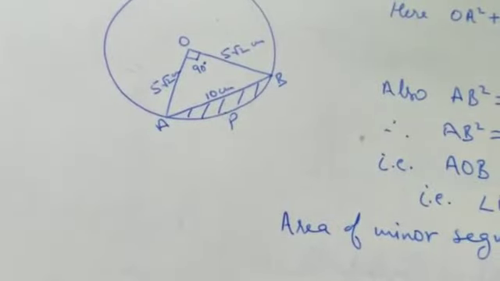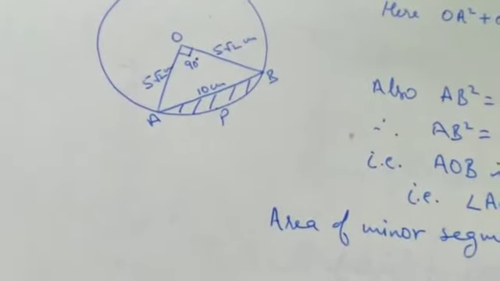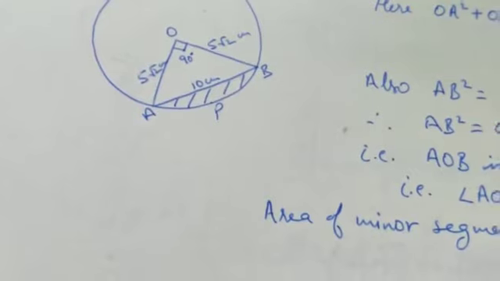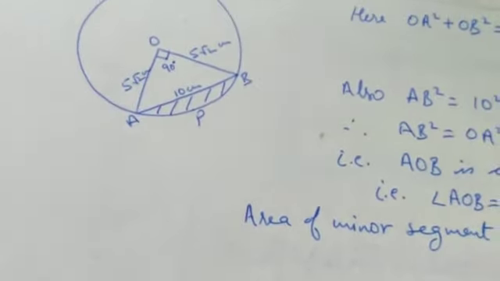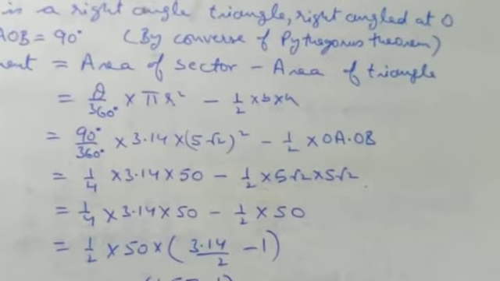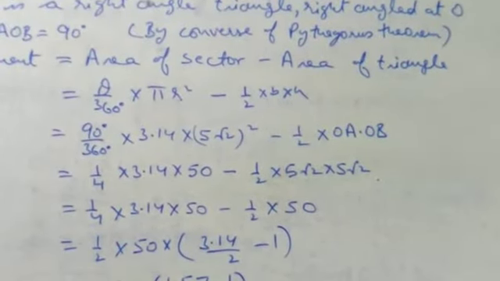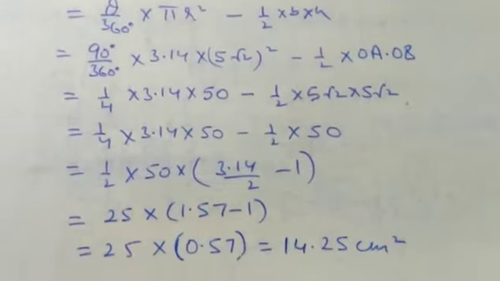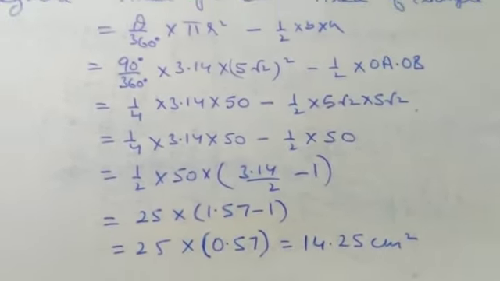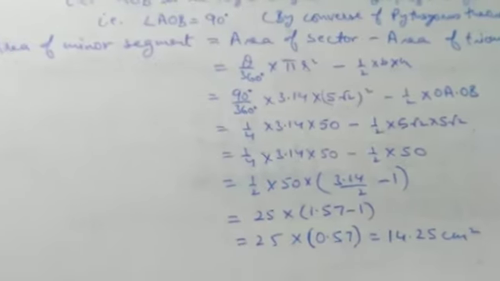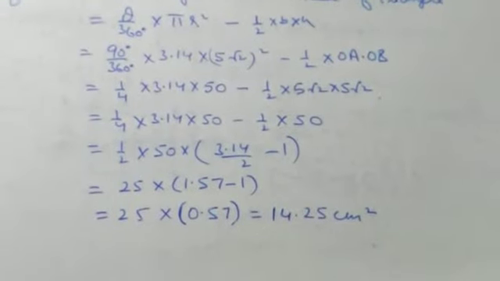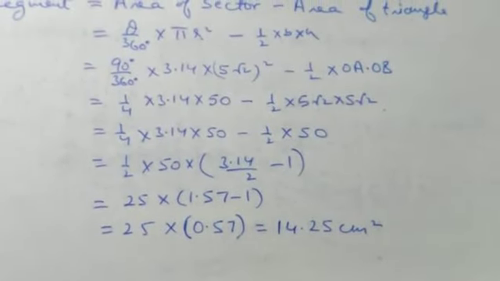Why OA into OB? Because here base is OA and height we are taking as OB. You can use OB as base and OA as height. So 1/2 into 5 root 2 into 5 root 2. So after simplification we get the area of minor segment as 14.25 centimeter square.